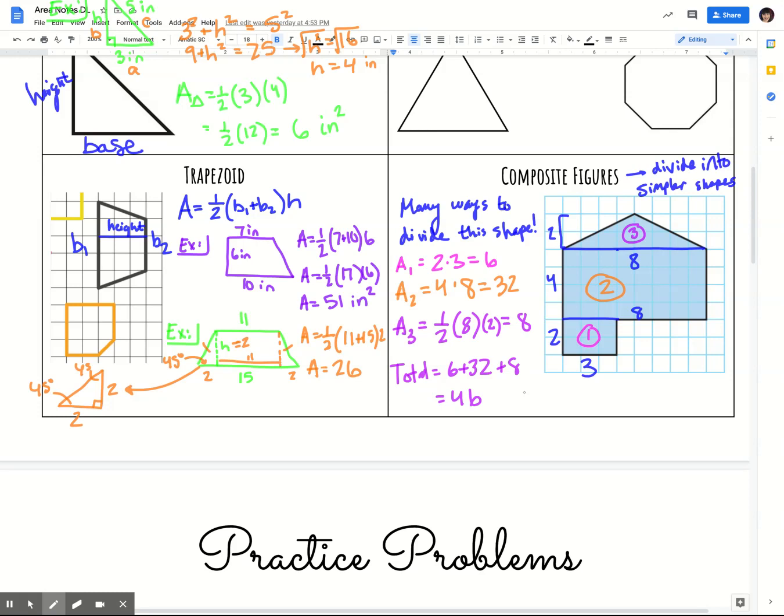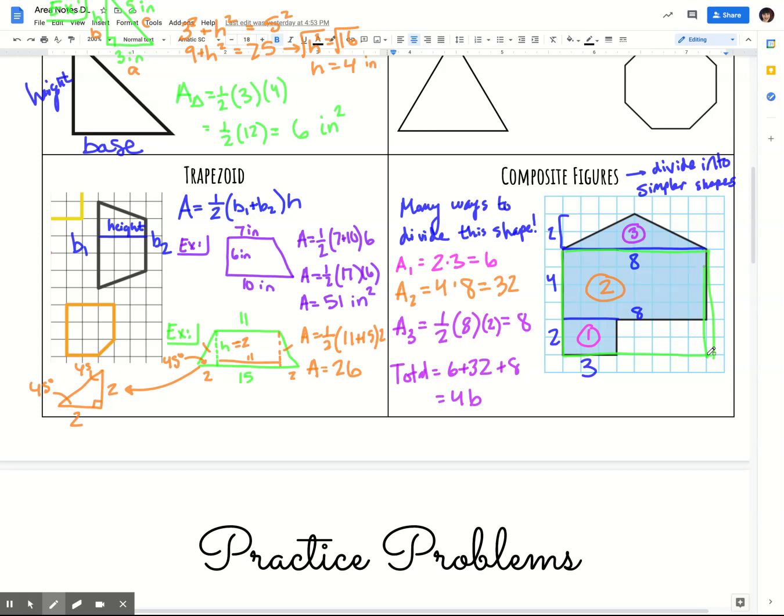The easiest thing to do is to break it apart into smaller shapes and then add those smaller areas together. Now, I will say there's one other way that I could have solved this, which is to divide this into a triangle at the top, and then I could have made this into one big rectangle like this.